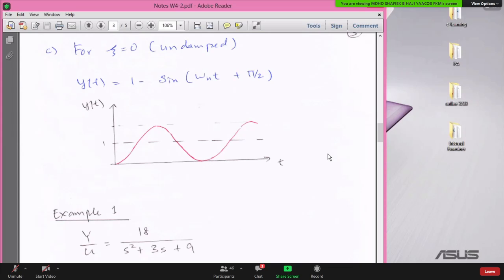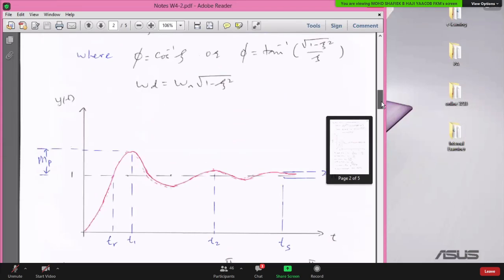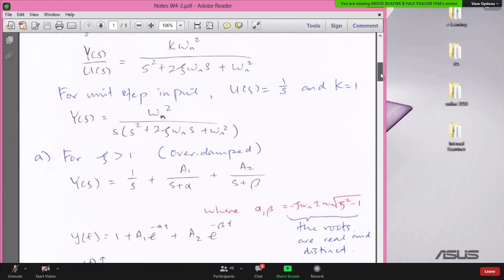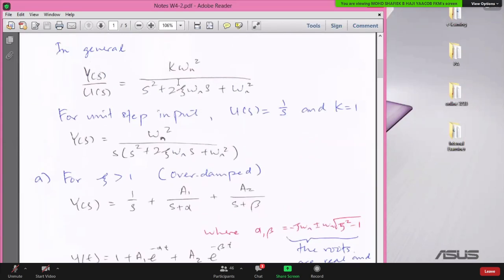The idea is, once you know the gain k, the omega n, and the damping ratio, you already know how the system responds. All you need to know is the gain k, the damping ratio zeta, and the natural frequency omega n, and you already have the solution, because the solution just depends on these three quantities.